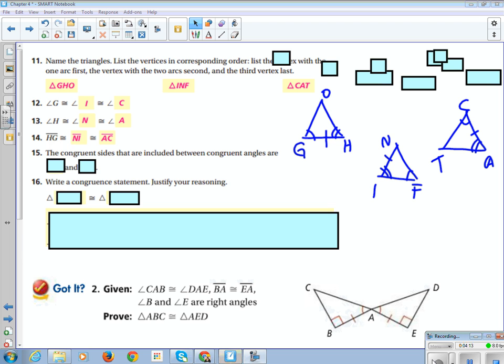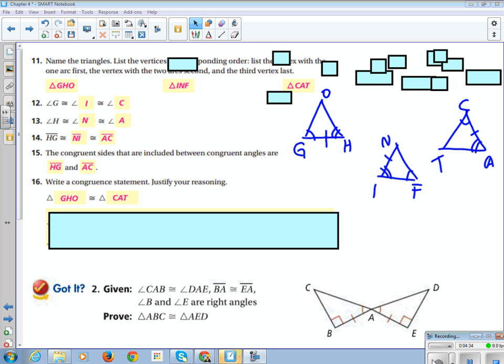The congruent sides that are included between the congruent angles are this one here and that one there, which are called HG and AC. And then write a congruence statement, justify your reasoning.